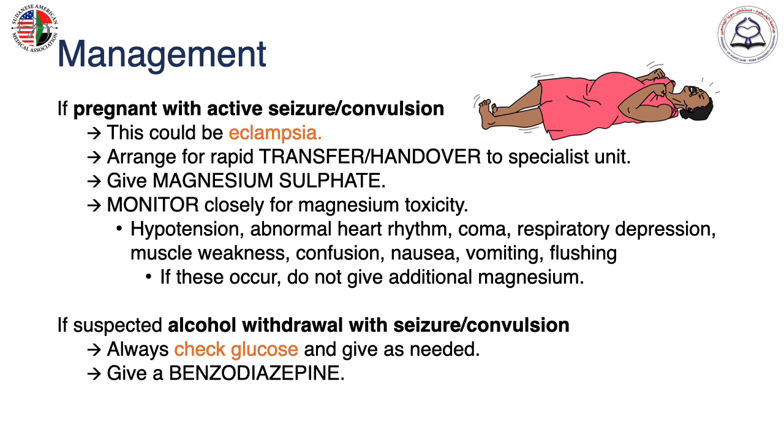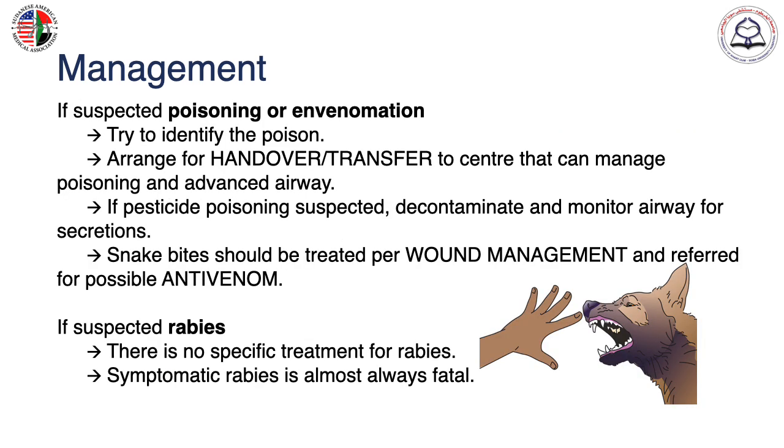In a pregnant lady, consider eclampsia, and you can give magnesium sulfate, get obstetric consultation, and monitor them for magnesium toxicity. If you are suspecting alcohol withdrawal, first check glucose, replace glucose, and give benzodiazepine.